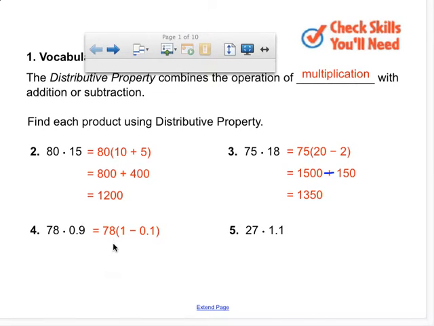It's just going to be what? 78. And then 78 times 1/10, well, what are we going to do with my decimal? I'm going to move it. So what is that going to be? 7.8, or 7 8/10. All right, now we can mentally do that. 78 minus 7 8/10.